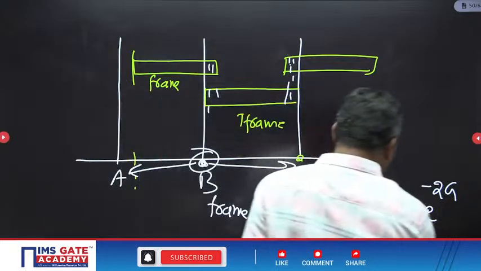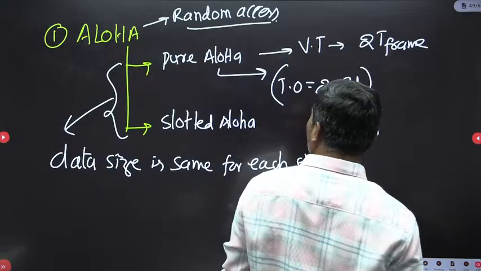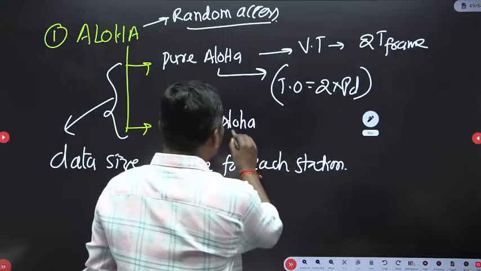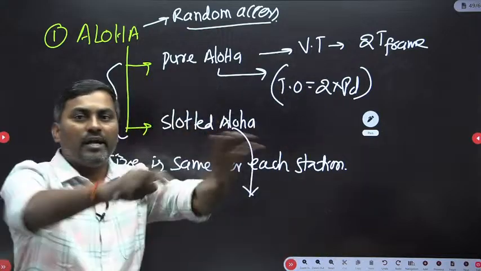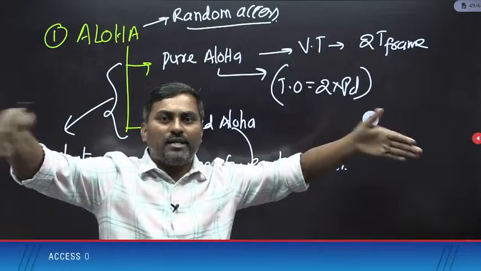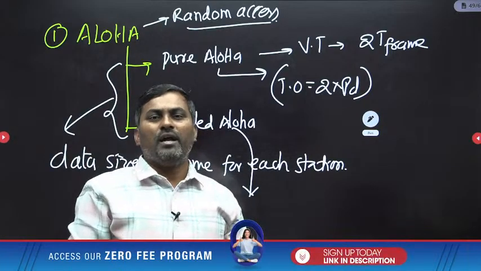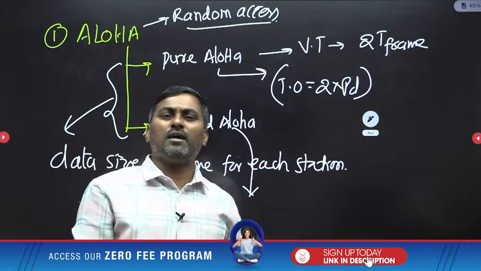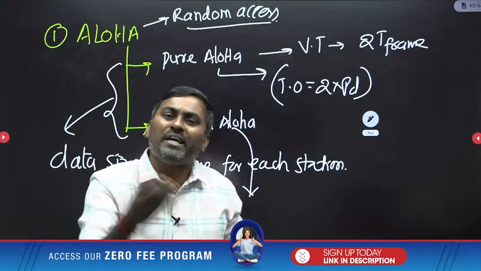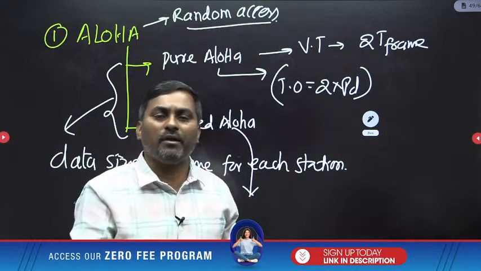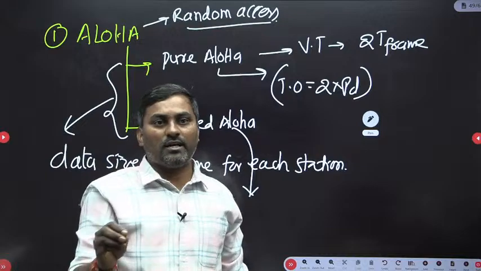So this is the information about pure Aloha. In the case of slotted Aloha, time is divided into slots. Any station that wants to transmit data has to attempt at the beginning of the slot only. You can transfer data in any slot, but only at the beginning of the slot.